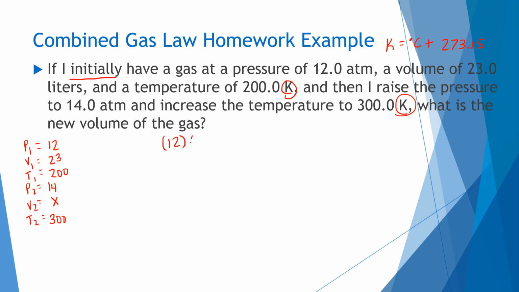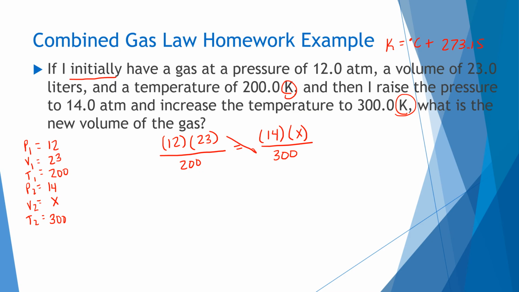From here, we can plug in what I know. 12 times 23, so again, P1 times V1. We're going to divide that by my T1, which was 200. This is going to equal my P2 times my V2 divided by my T2. If you ever have a problem set up like this, I still like to use the butterfly method and cross multiply and divide.